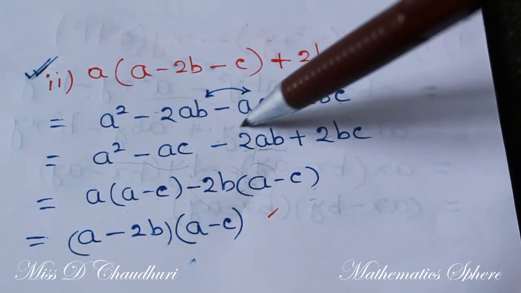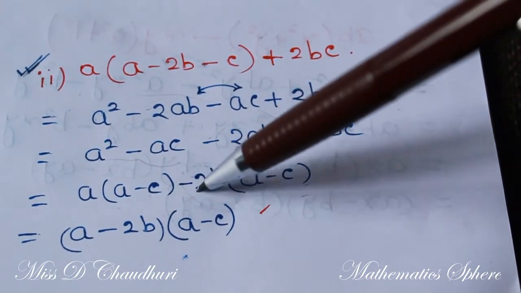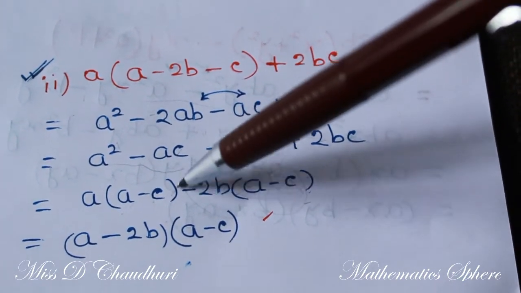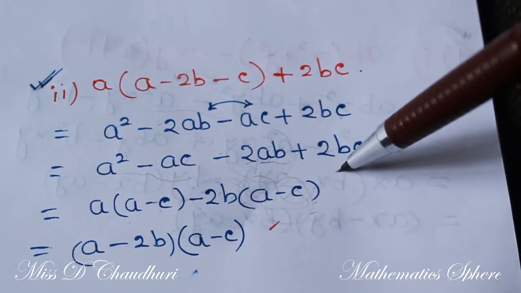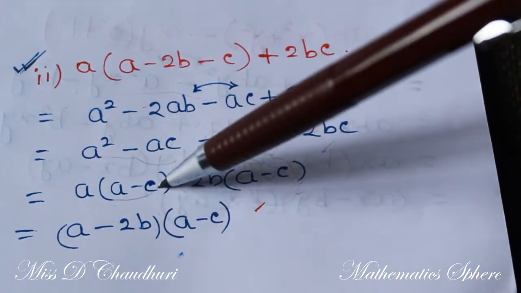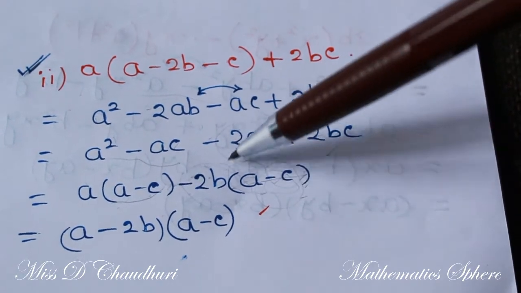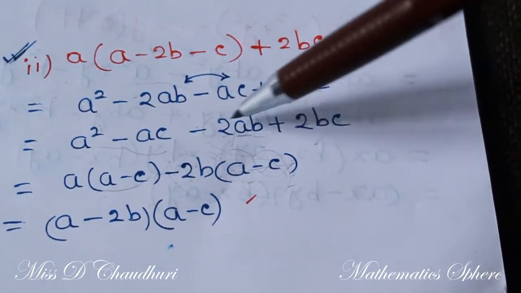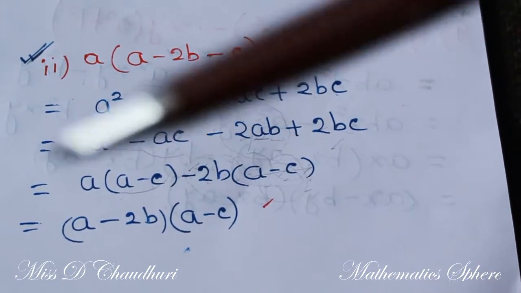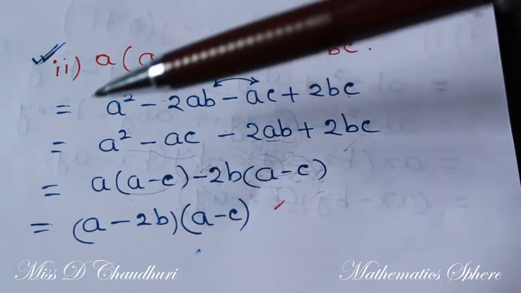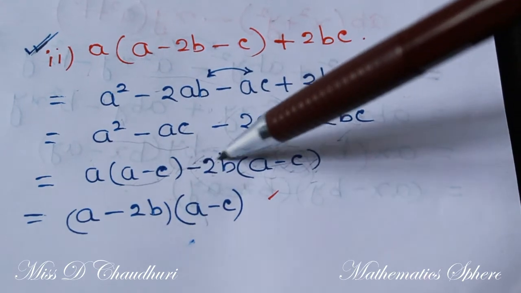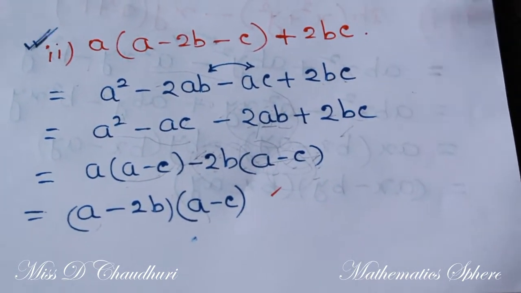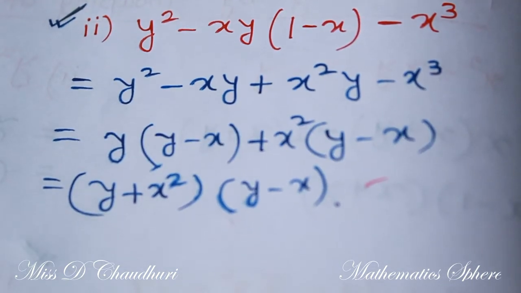This term is obtained, and you check, automatically this term will come: minus 2b into minus c, so minus minus plus 2bc. You write this here and adjust with this or this, any one of them. The other one will automatically get adjusted. Now you write the last step. So a minus c is one factor and a minus 2b is another factor. Done. Very easy.